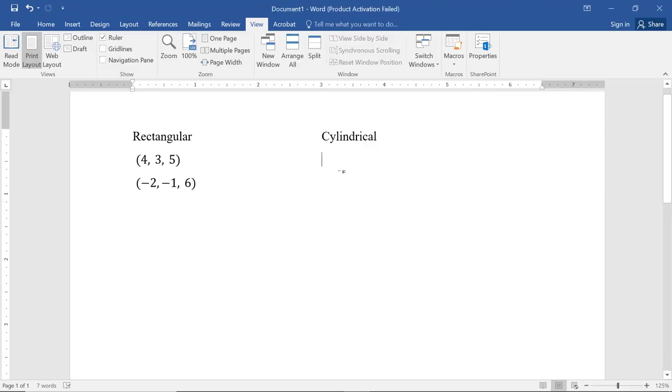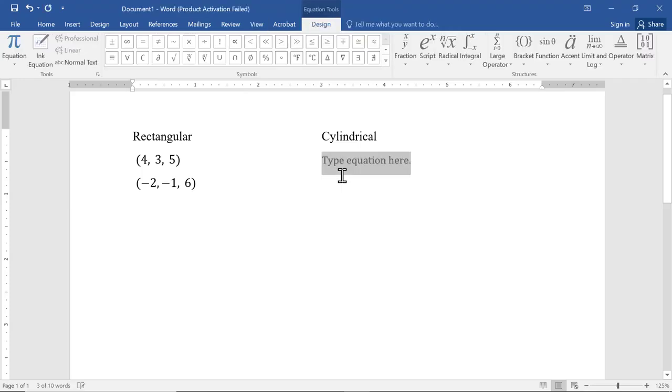So here's what we'll see. The rectangular point 4, 3, 5 converts to the cylindrical point. Well, r is going to be such that r squared is equal to x squared plus y squared. In this case, x squared is 4 squared, y squared is 3 squared.